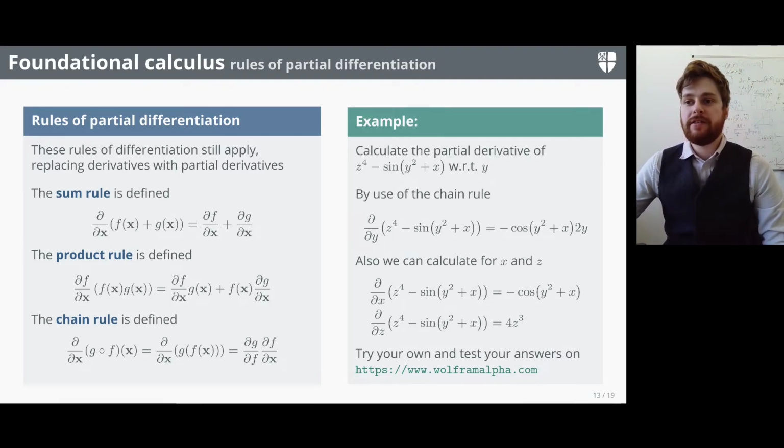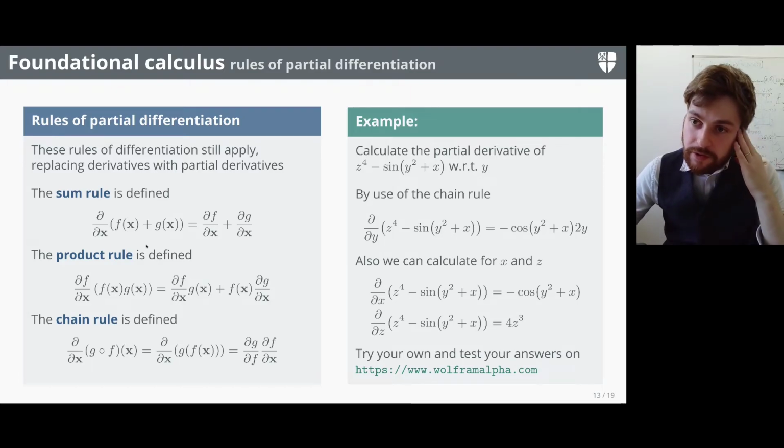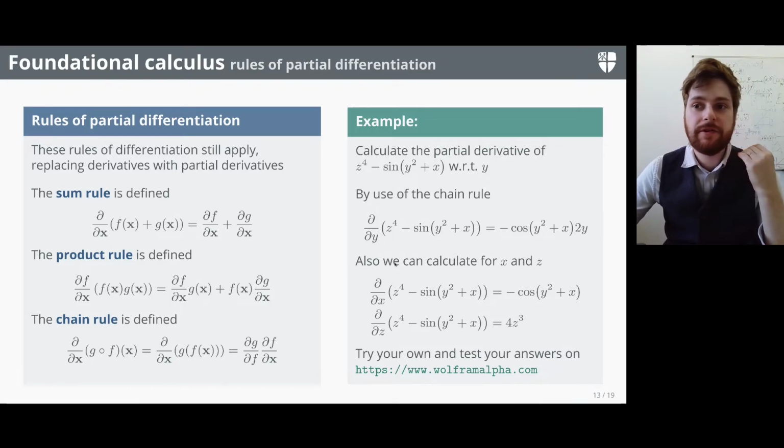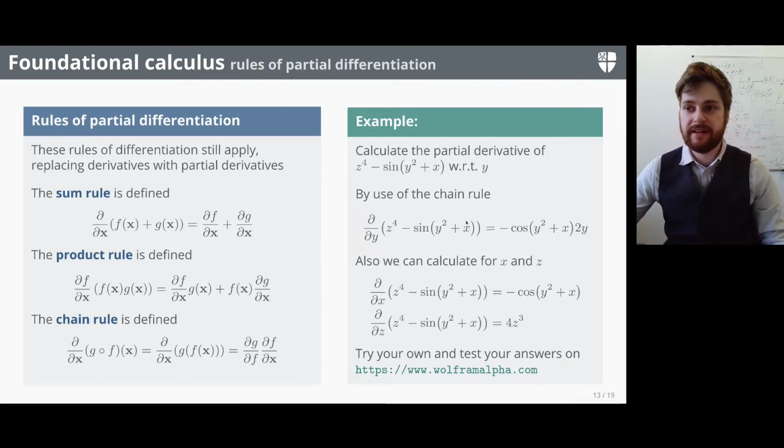A minor comment: you may see notation like this, so bear in mind that it means the partial of whatever function is in the brackets with respect to x. So do remember that when you come across it. You might want to read through this nasty example and make sure you understand it.